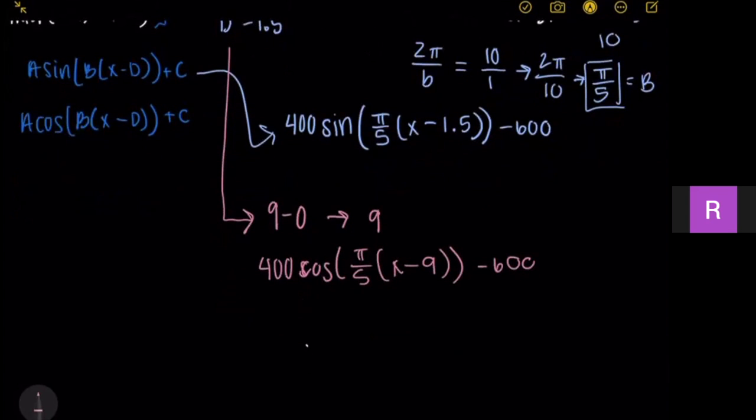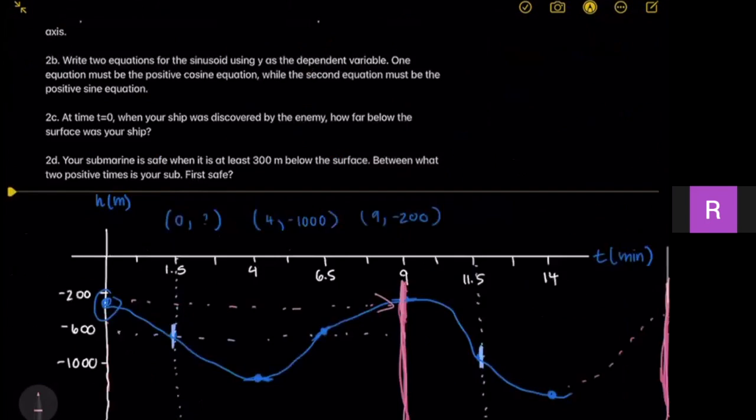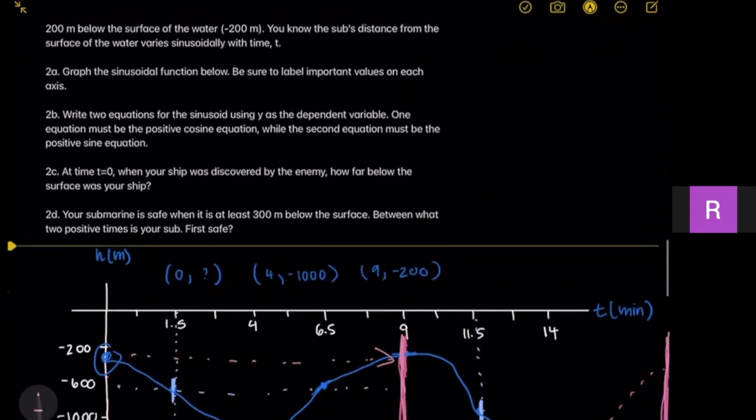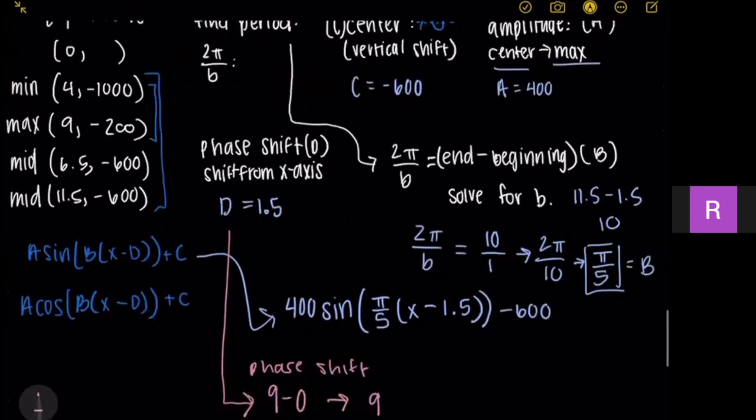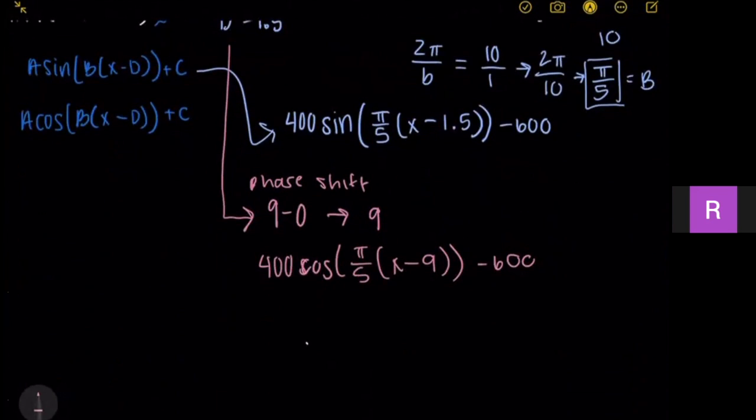So question C asks us then to find at time t equals 0, when your ship was discovered by the enemy, how far below the surface was your ship? So we know that this is at time t equals 0 here, so we have to plug in this value. In order to do that, instead of this being x, we can have it be t.